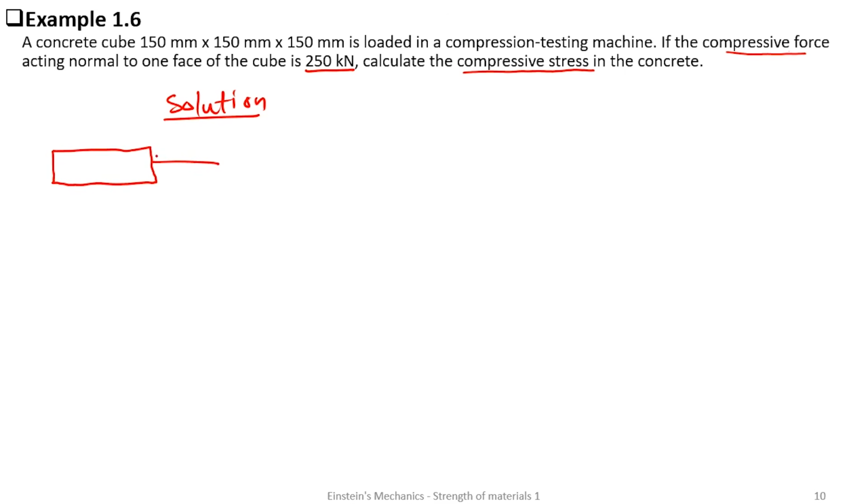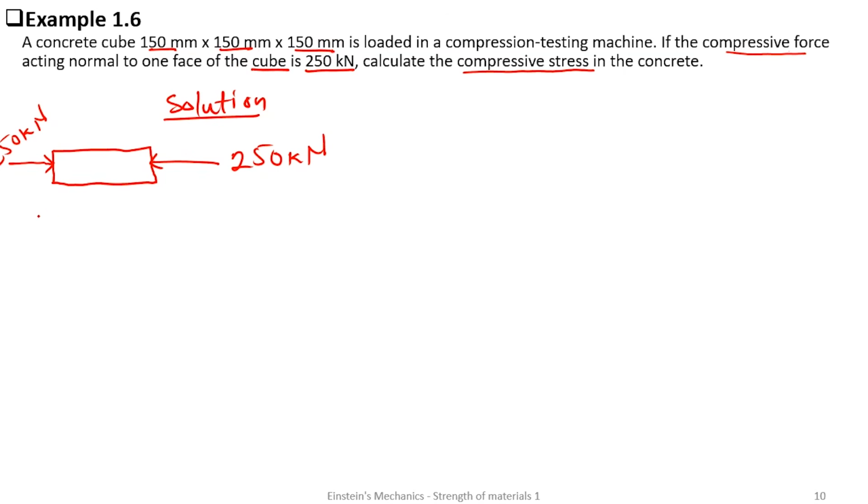The forces were in compression, trying to squeeze the cube, and the force was 250 kilonewtons, trying to compress this bar. But remember, since it is a cube, the volume is given, the three-dimensional space, with length given as 150 by 150 by 150.